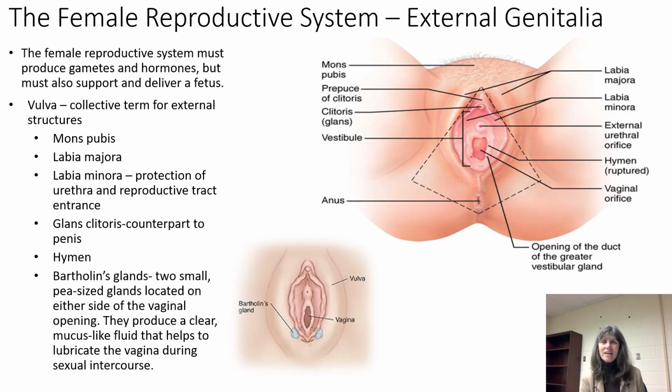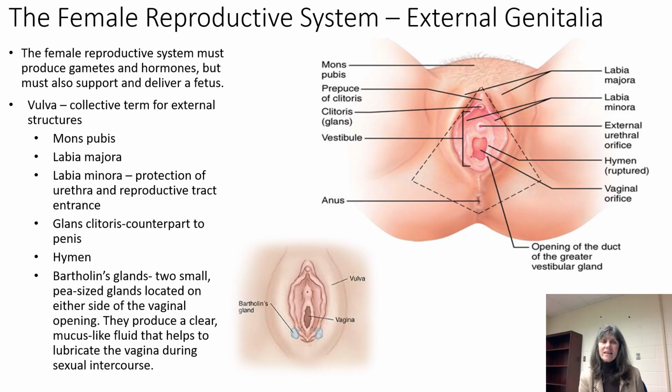And moving to the labia majora, those are the outer lips, if you will, that surround the vaginal orifice, as well as the external urethral orifice, the clitoris, the labia minora. So that labia majora you can see on the outer portion on both sides.